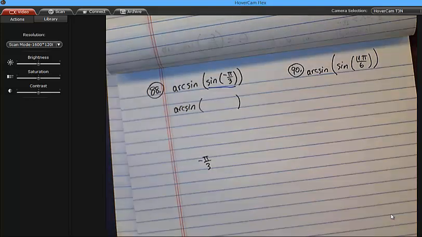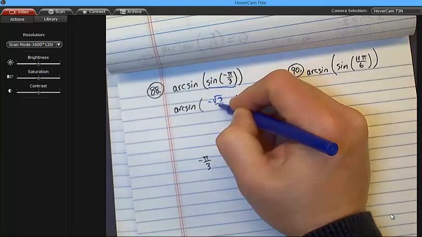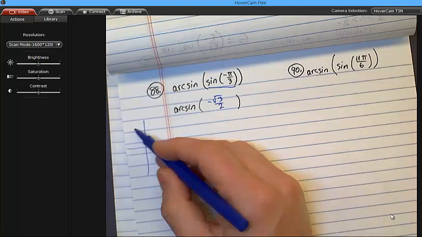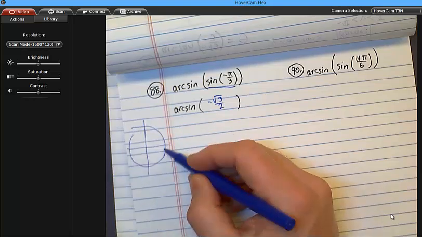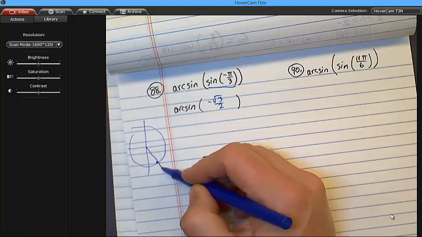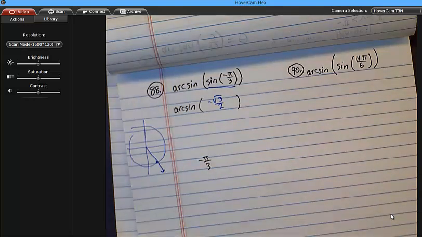Negative radical 3 over 2. That's right. Okay? I could get that again by looking at the unit circle, rotating down to negative pi over 3, and I look at the y coordinate, and it's negative square root of 3 over 2. That's okay so far?